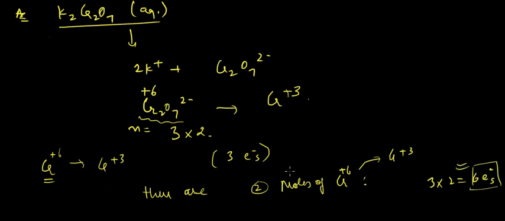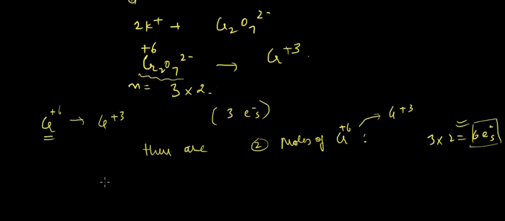Okay, so we can say that the n factor of Cr2O7 2 minus would be 6.